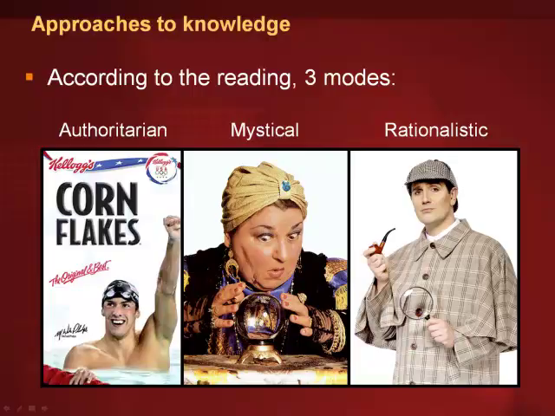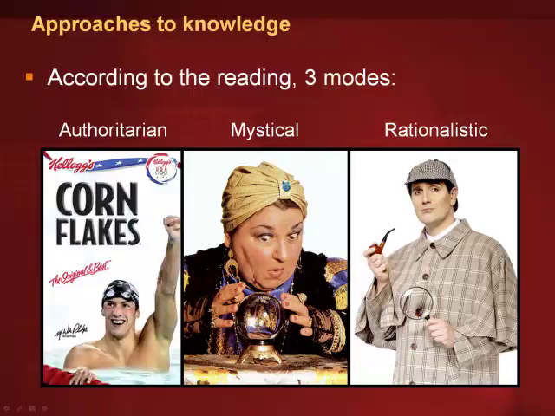There's the authoritarian mode, in which knowledge is sought by referring to those who are socially or politically defined as, quote, qualified producers of knowledge. Then there's the mystical mode, in which knowledge is obtained from such supernaturally knowledgeable authorities as prophets, gods, and mediums. And then lastly, there's the rationalistic mode, wherein the totality of knowledge is seen as being acquired by strict adherence to the forms and rules of logic.